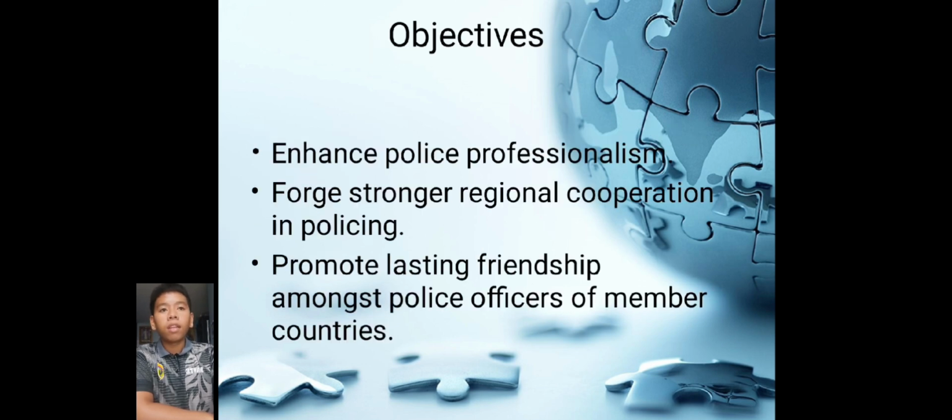The objective is to enhance police professionalism so that they can professionalize their police and forge stronger regional cooperation in policing, to make a strong bond among nations so that they can interrogate or arrest suspects or criminals, and promote lasting friendship among police officers of the member countries.